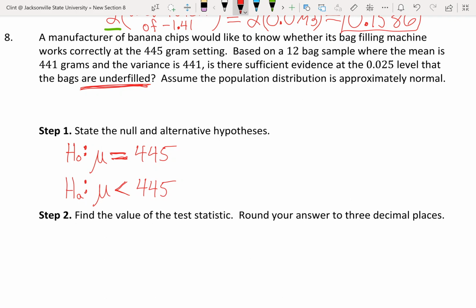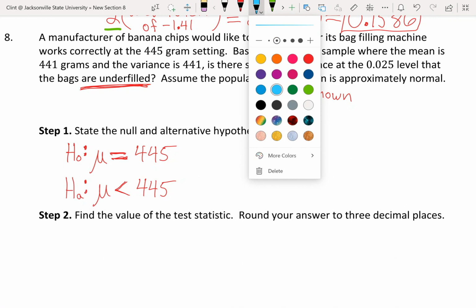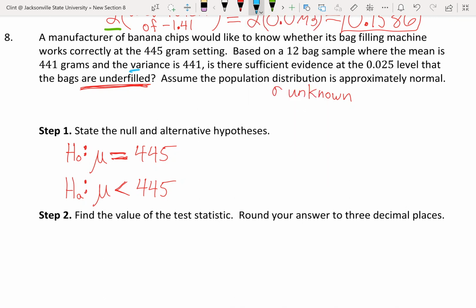Two says find the value of the test statistic. This one, I would say find the value of the t test statistic, but up here I will also put sigma as unknown, like I did with the confidence intervals, to help make sure you see it's t. This one gives us variance again.